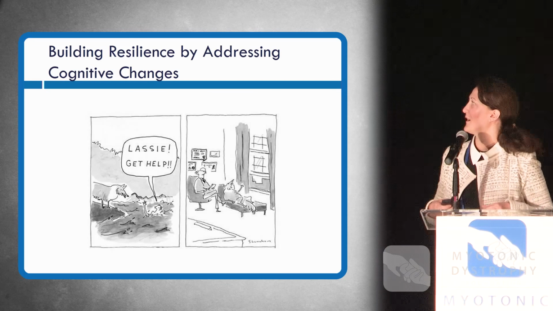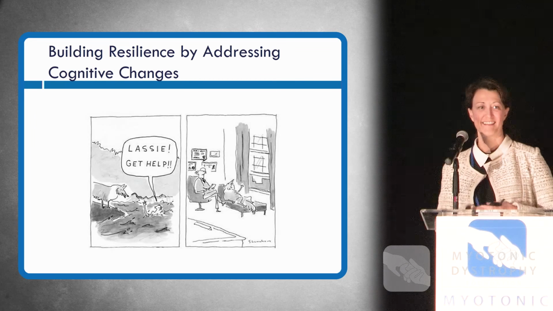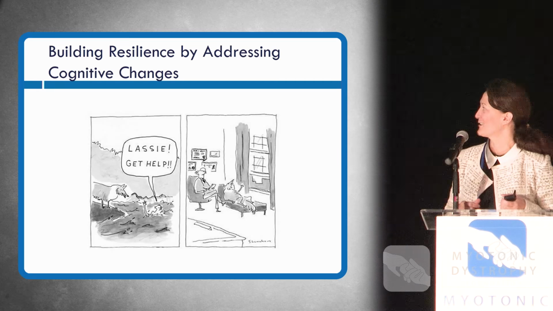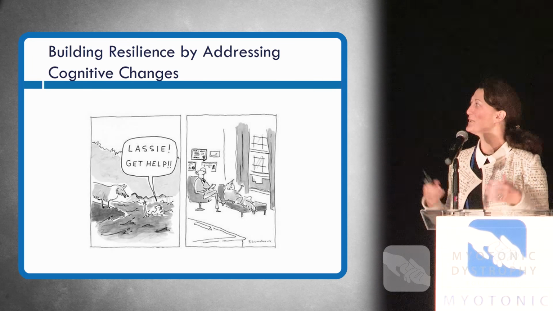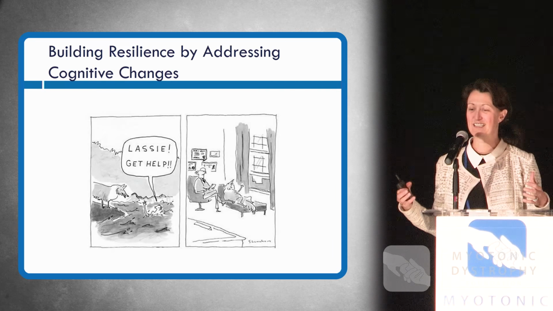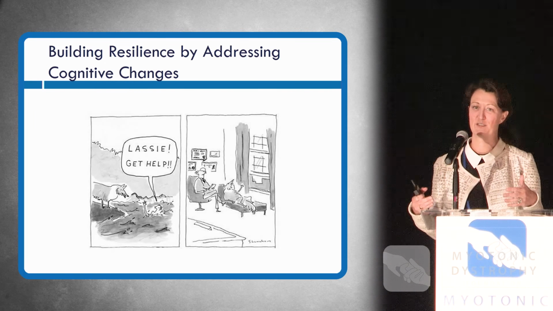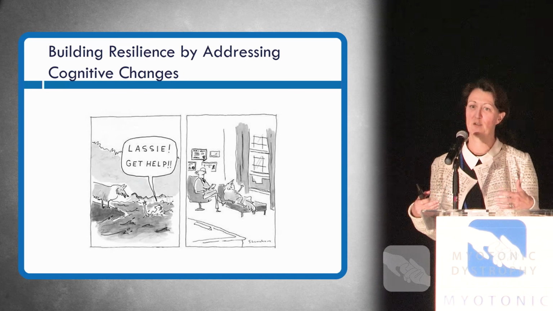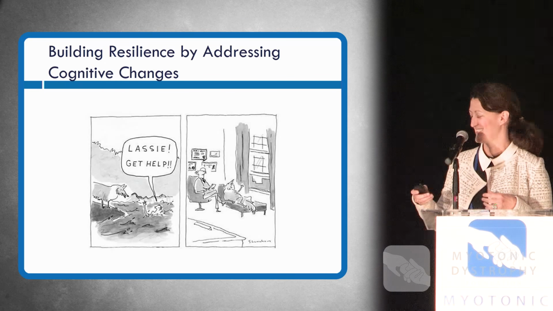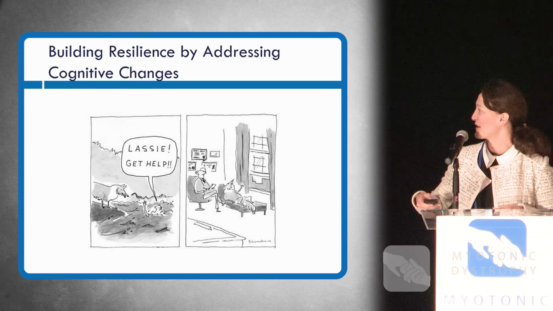And so building resilience, I just like this. I think, as a psychologist, it's important to get help, and it speaks to this larger idea of, you're not an individual experiencing this by yourself. You have a team, you have caretakers, you have a psychologist, whoever is on your healthcare team.